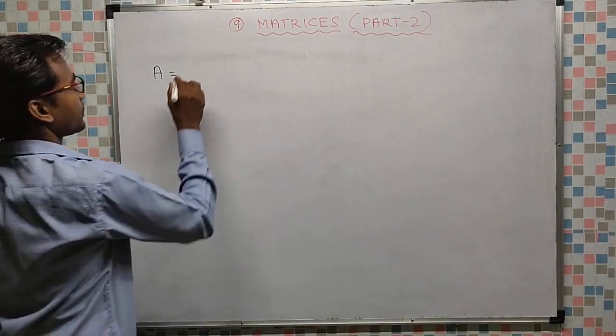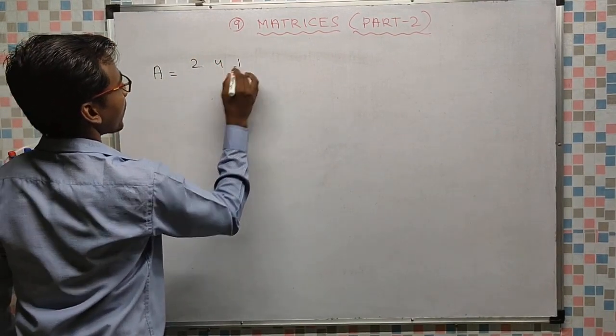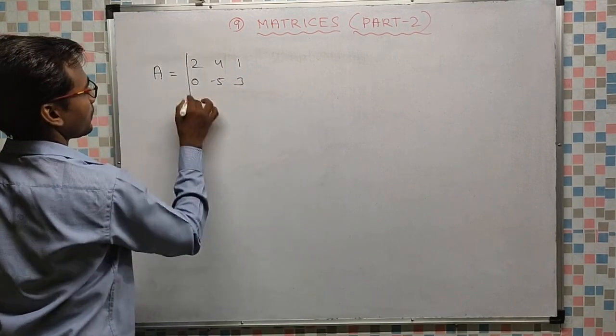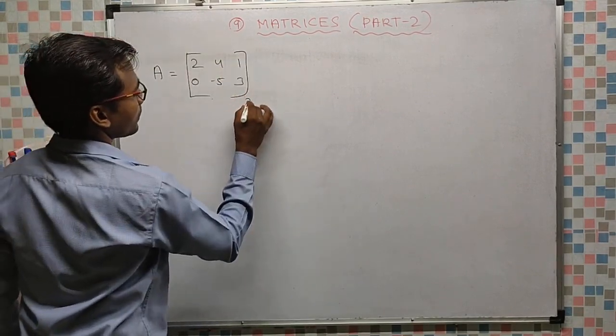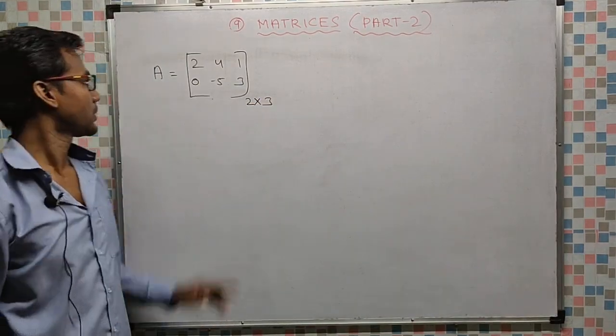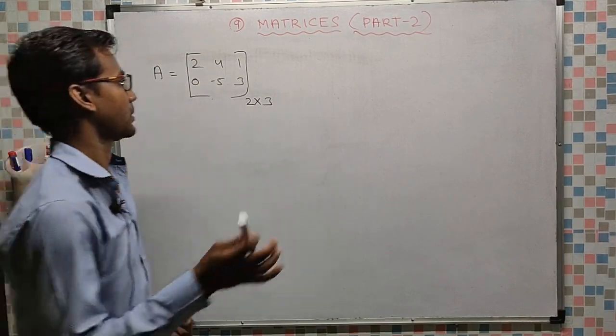Let A be the matrix 2, 4, 1, 0, minus 5, 3. Its order is 2 by 3, 2 rows and 3 columns.